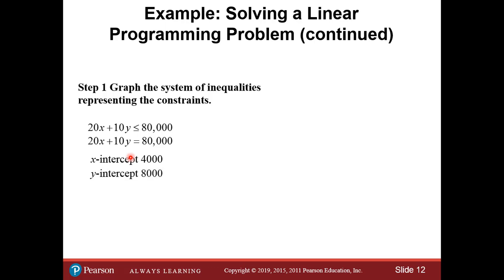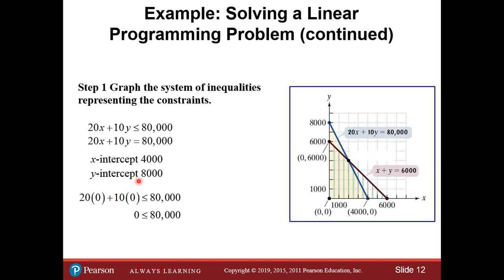And then we can find the y-intercept, which is 8,000, and then draw our line, right? And we do our test point, which again, the origin is a great one to use in this case. And so we get 0 is less than or equal to 80,000, which is true, which means we're going to be below, right?